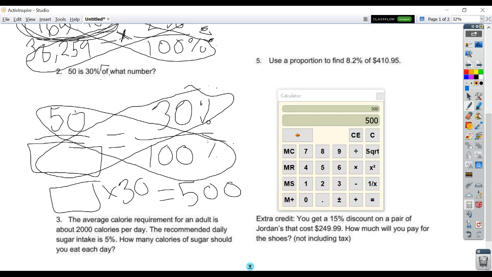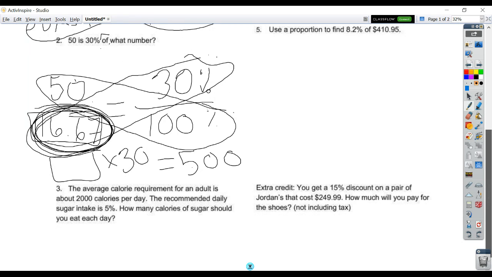Well, if I don't know what the part of a multiplication problem is, I divide. So I'm going to take 5,000 divided by 30, and that will give me the solution, which is 166.67. If we round, if you get 166, that's fine as well. 166.67 is the answer here.